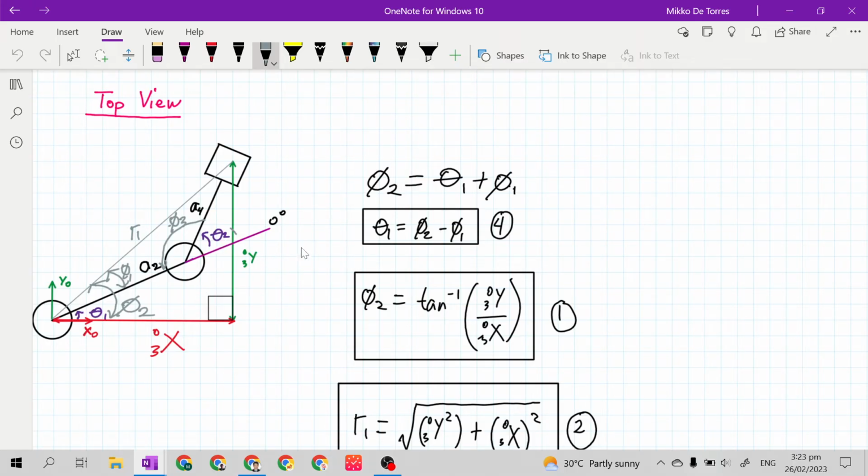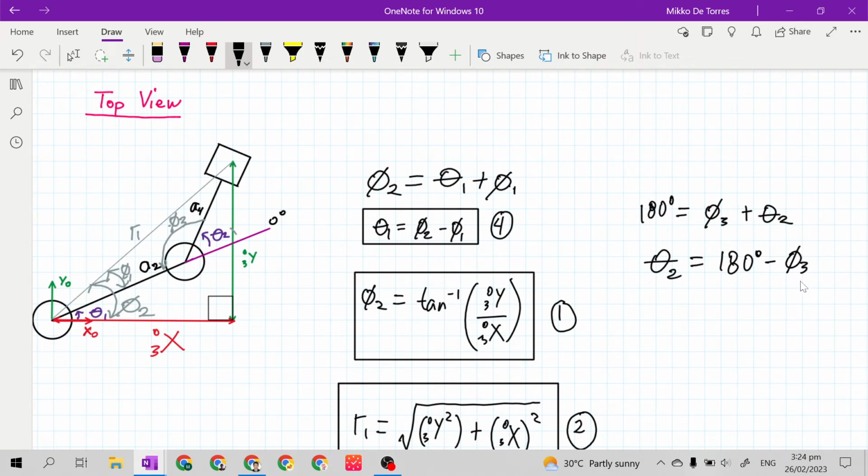So 180 degrees is equal to phi 3 plus theta 2. If we arrange this to get theta 2, this will be our equation. Theta 2 is equal to 180 degrees minus phi 3.